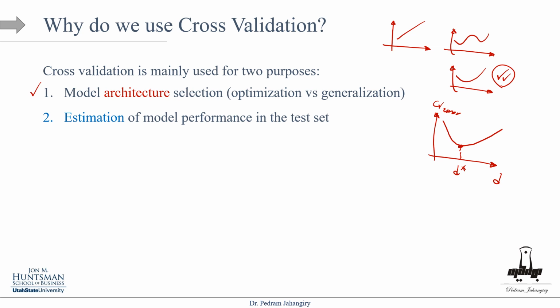The second reason for using cross-validation is to get a fair estimate of the model performance in a test set, right? Because after all, when we are doing cross-validation, let's say 5 folds, 1, 2, 3, 4, we are training on these 4 and making a prediction on the fifth fold, which is a validation set. So if we do not overdo this process of cross-validation, it is a fair estimate of the performance of the model in a test set, in a set where the model has not seen those observations.